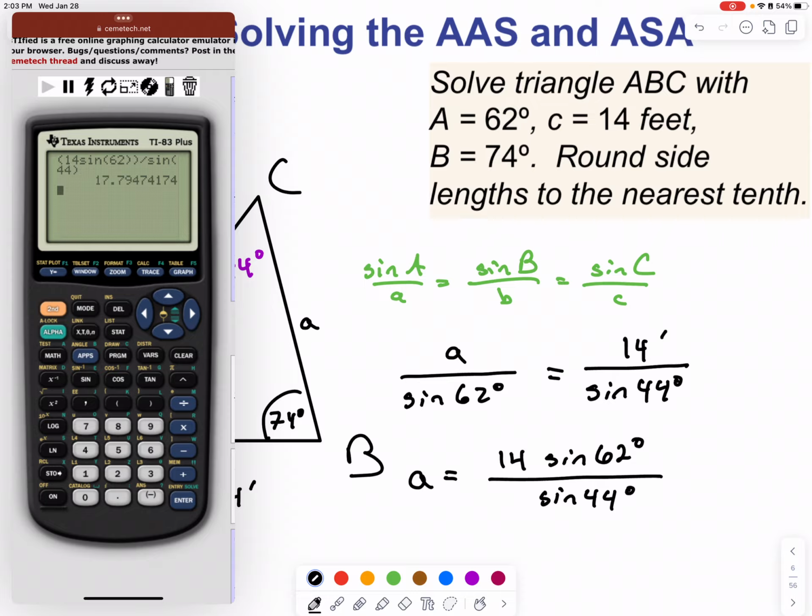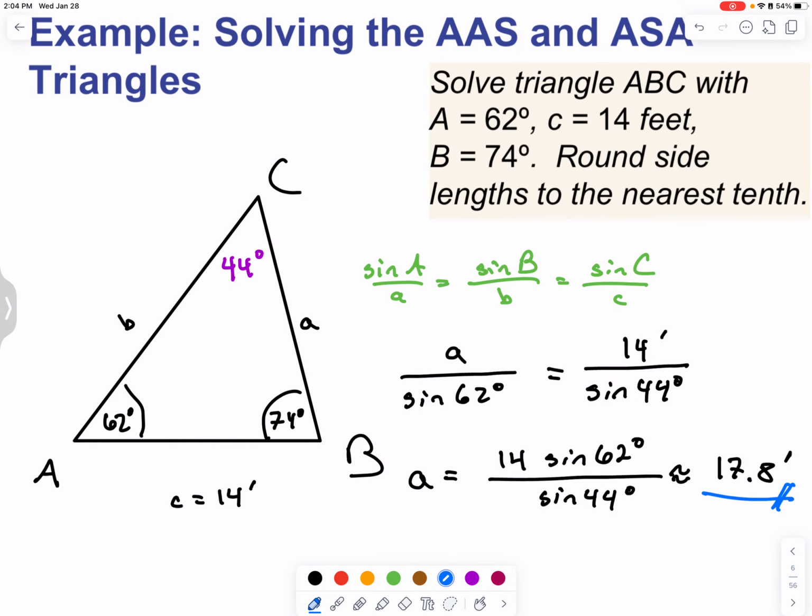So we get approximately 17.8 feet for side A. I'm just going to highlight our result like this for that one. So for A, we got 17.8.